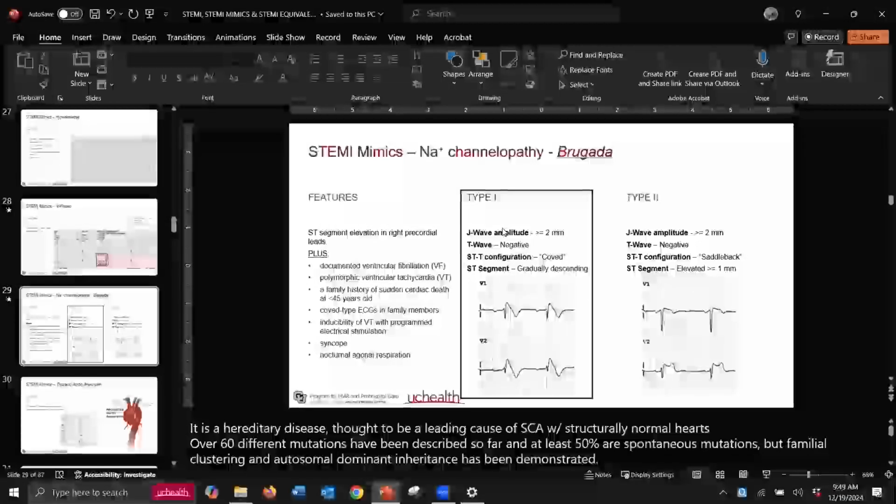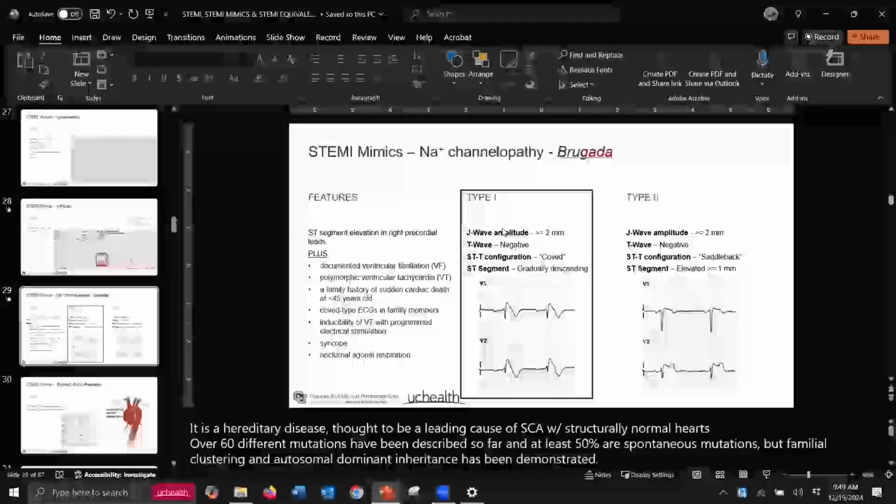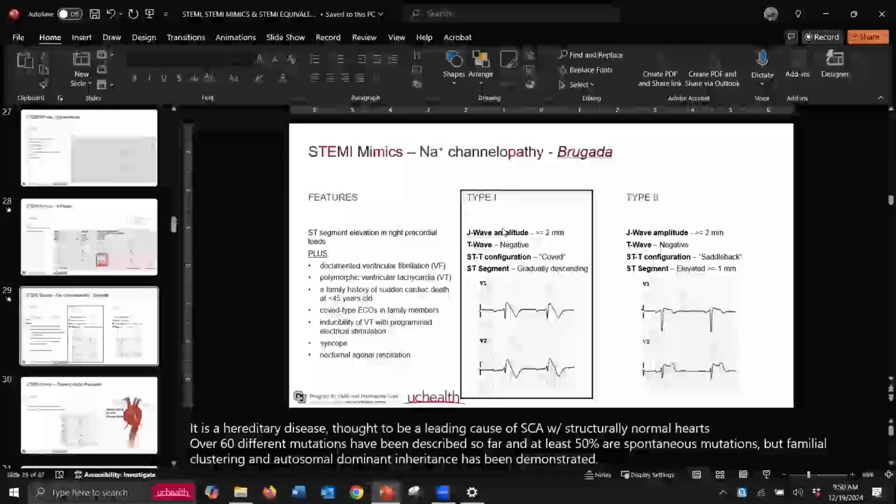We hear of these cases of adolescents, not commotio cordis where they get hit in the chest, but they're running down the basketball court, exerting themselves, and they tip over and have a cardiac arrest. That is typically thought to be one of the causes: Brugada syndrome.